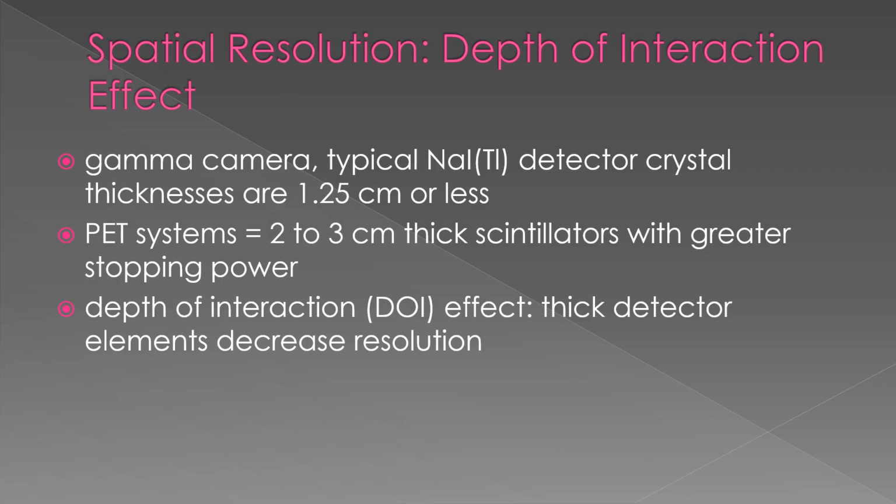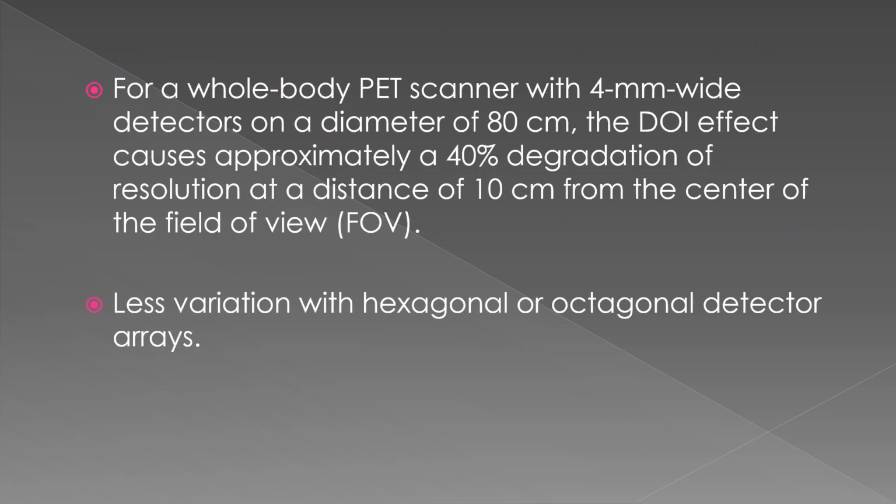And then the depth of interaction effect says that the thick detector elements will decrease the resolution a little bit. For a whole body PET scanner with 4 millimeter wide detectors and a diameter of 80 centimeters, the DOI effect causes approximately 40% degradation of spatial resolution at a distance of 10 centimeters from the center of the field of view.